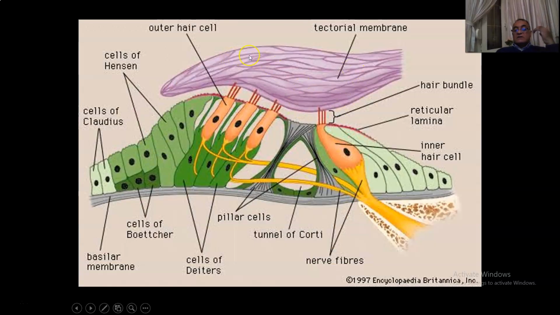Again, the organ of Corti is a fixed membrane. The basilar membrane is a membrane that might vibrate.